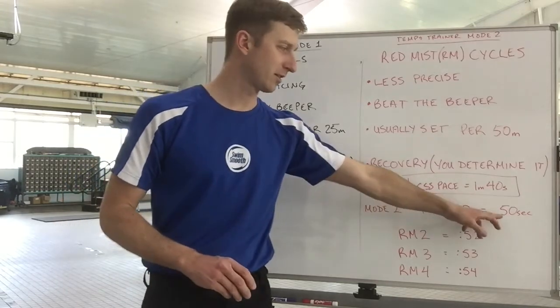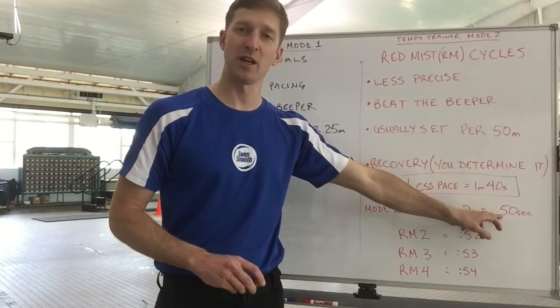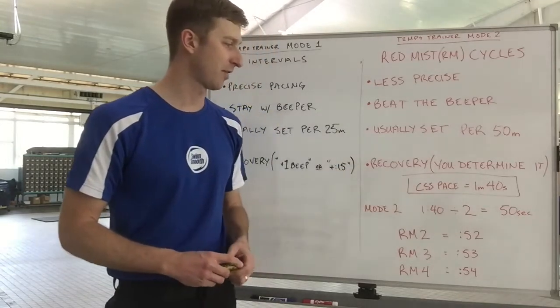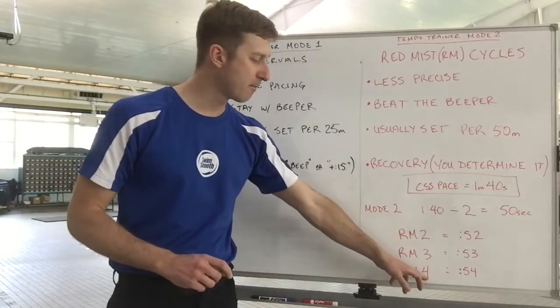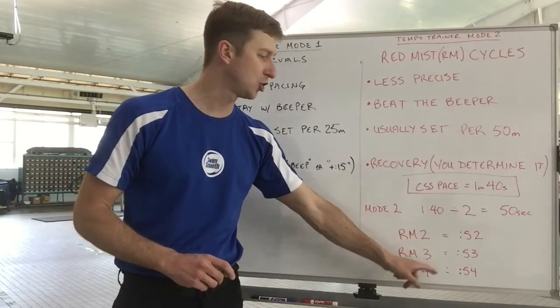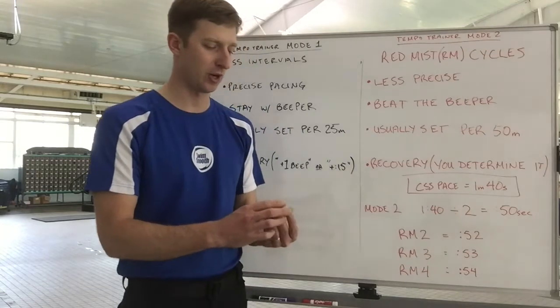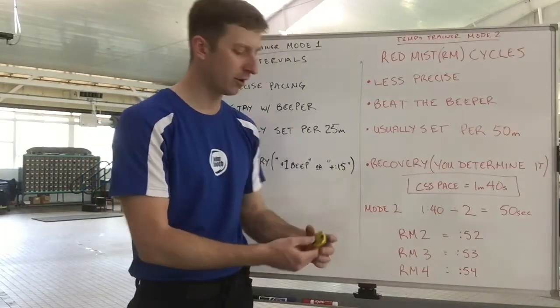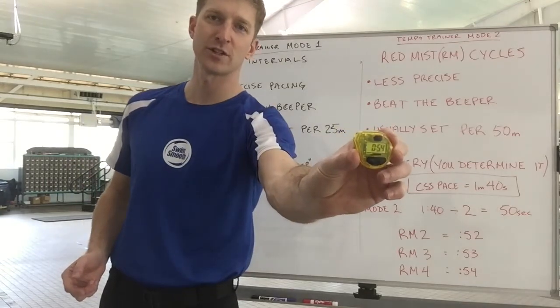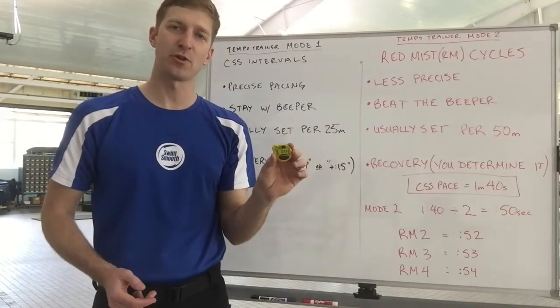What we do is we take the time that we established by working out your CSS pace and dividing it in half. And then the number beside the letters RM is the number that you will add to the Tempo Trainer. So in this case, RM4, we're going to click it up until we see 54 seconds on the Tempo Trainer.